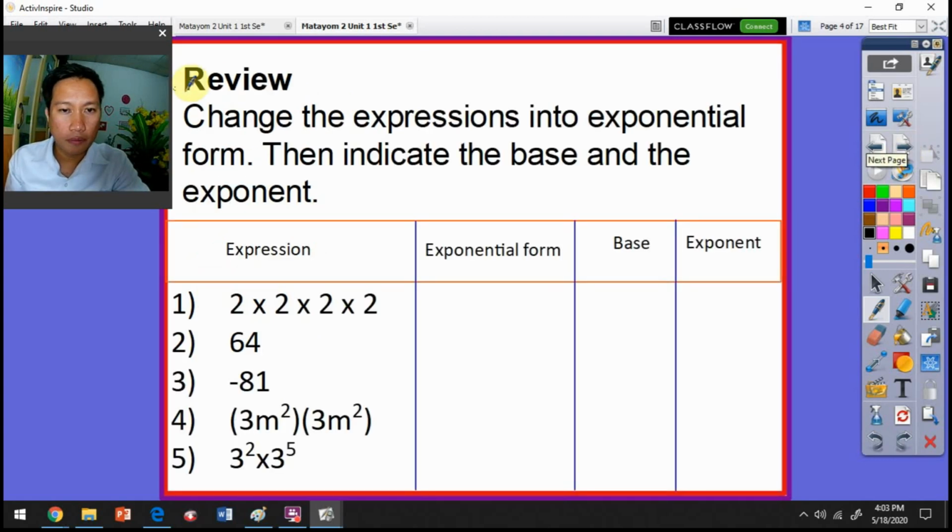Now, the first thing that we have to do based on our objectives is review how to change an expression into exponential form, and indicate what its base and its exponent are. The first example is 2 times 2 times 2 times 2. We learned already that if we have the same base, we write the same base and the number of times it repeats.